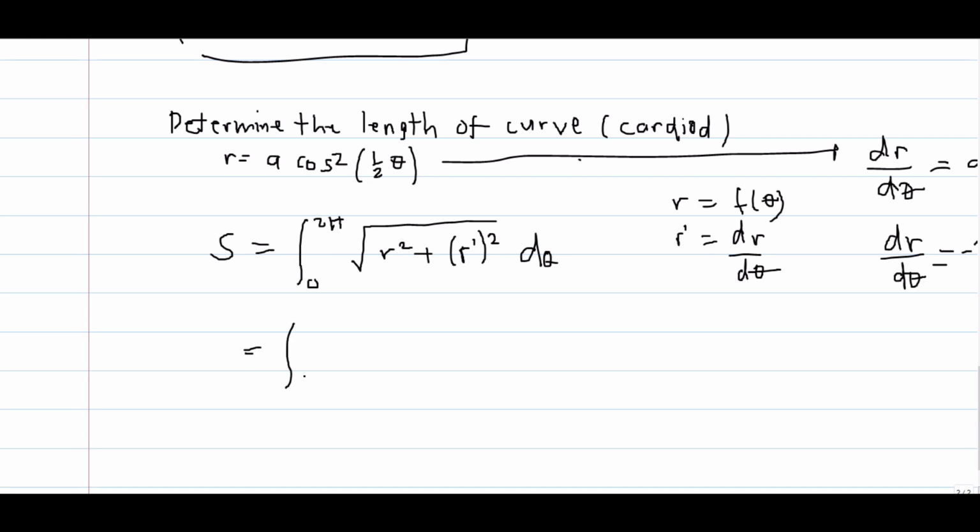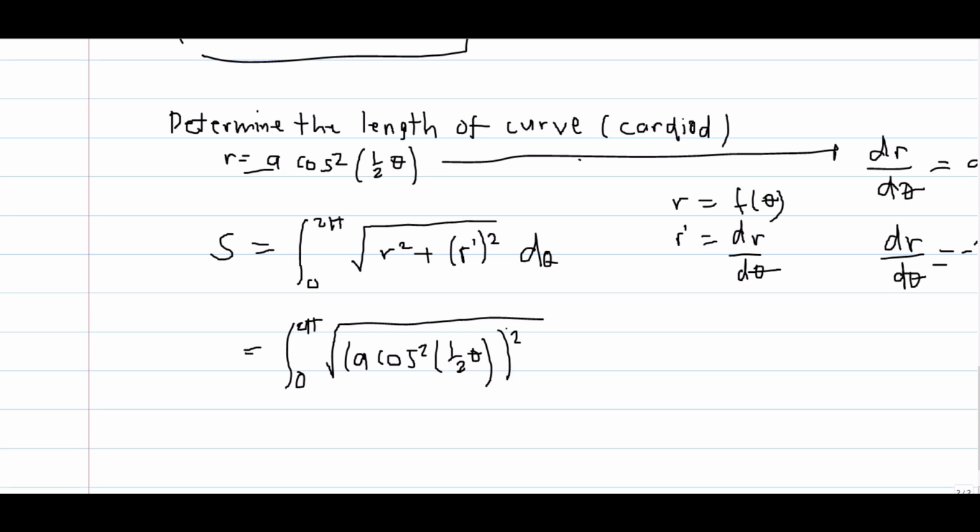So we have from 0 to 2 pi, then the square root, so r squared here, so this would be the equivalent a, then cosine squared, and we have 1/2 here, theta, no?